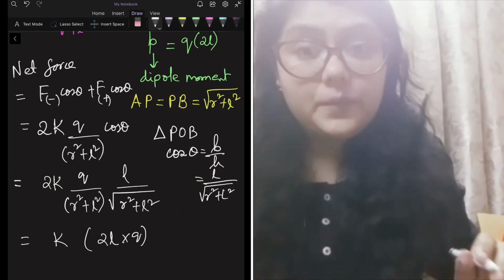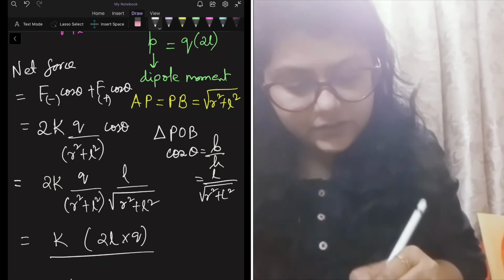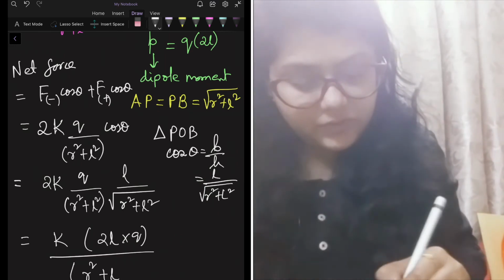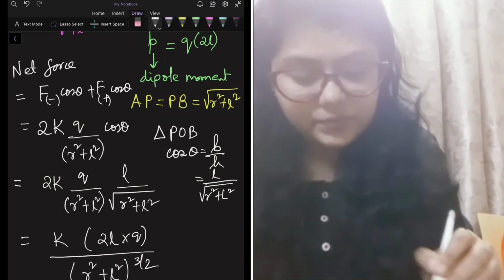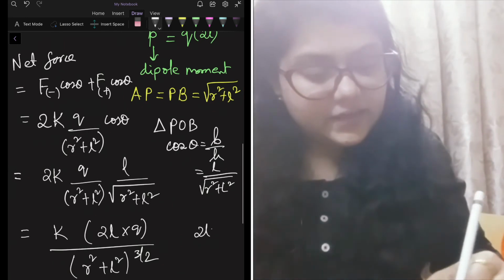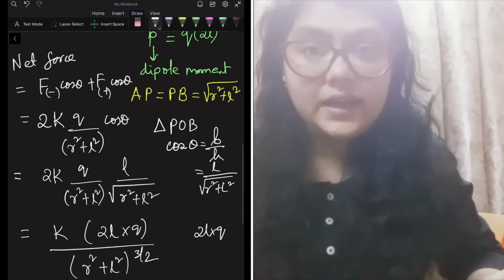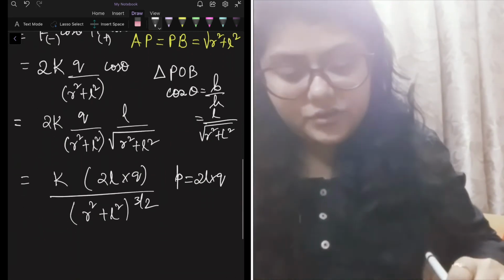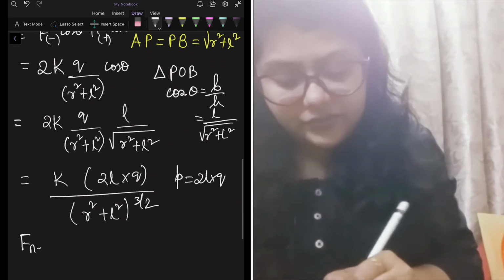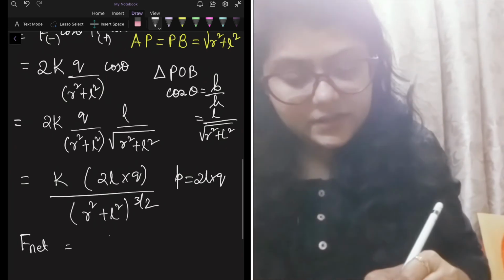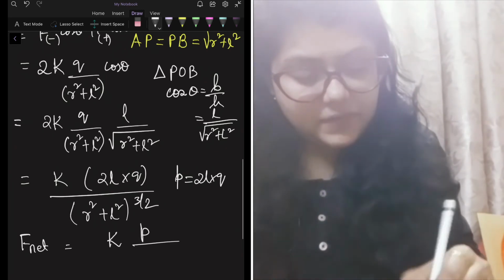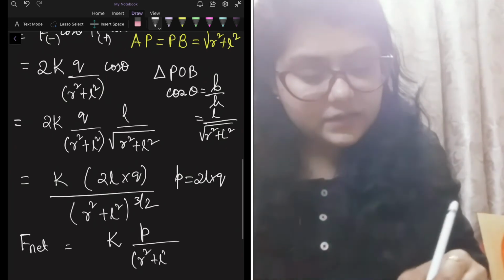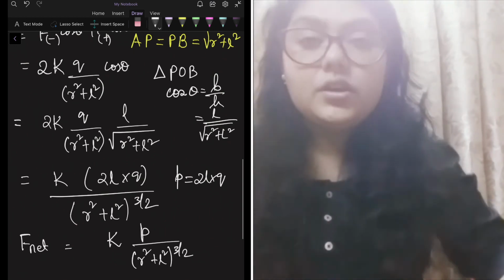Because this will give me dipole moment, and in denominator I will have r square plus l square to the power of 3 by 2. Now if you remember, I said 2l into q, the length of the dipole into one of the charge of the dipole gives me the dipole moment. So I can write this expression of net force as k times p by r square plus l square to the power of 3 by 2.